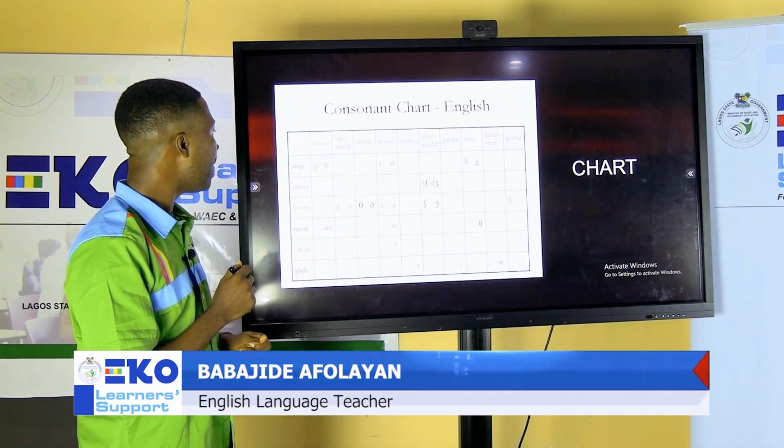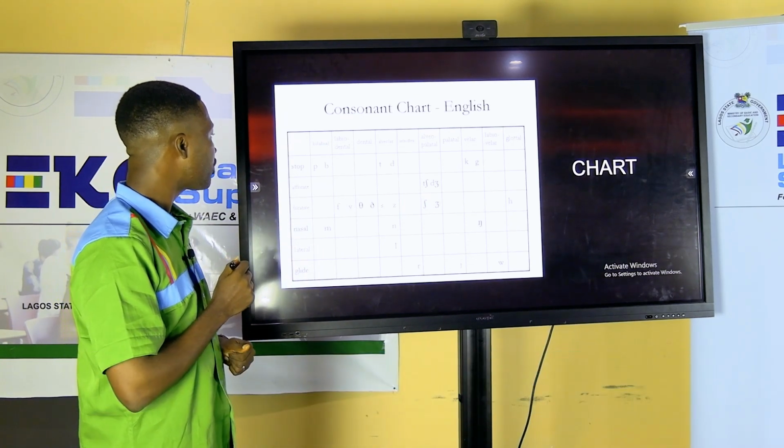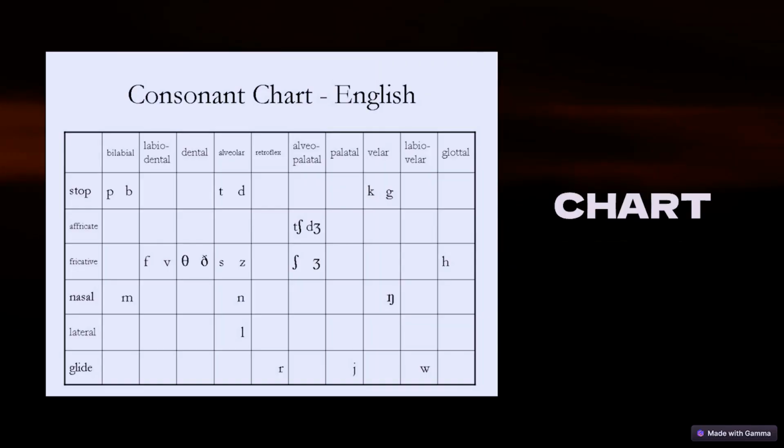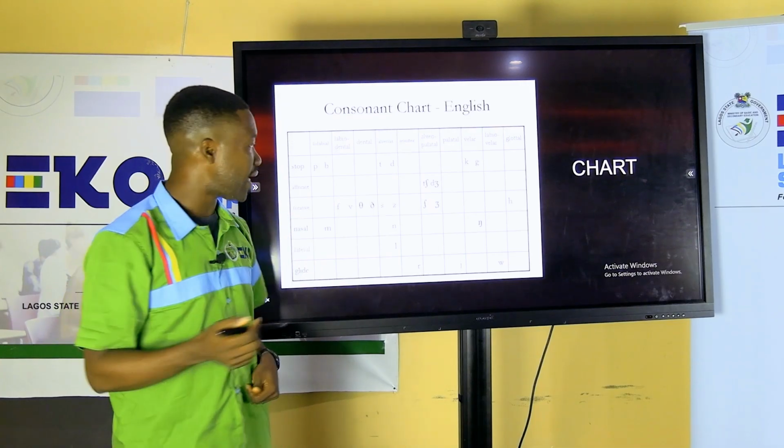When we talk about the manner, we talk about the stop, the affricate, the fricative, the nasal, the lateral, and the approximant, which is also called the glide. Then when we talk about the place of articulation, we talk about the bilabial, the labiodental, the dental, the alveolar, the alveolar palatal, the palatal, the velar, the labiovelar, and the glottal.